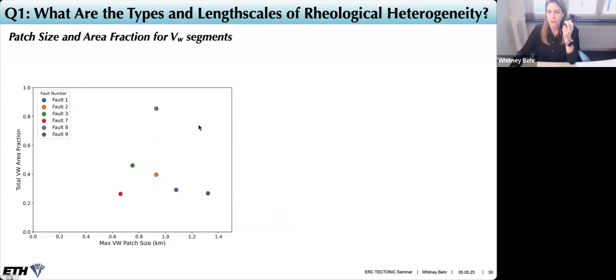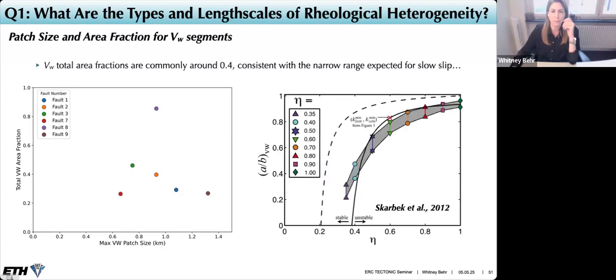Similarly, if we look at just velocity weakening segments, we find that they generally fall at a fraction of each fault of about 0.4, meaning only about 40% of each of these structures has velocity weakening material along it. I thought this was interesting because there was some work that Rob Scarbeck had done trying to analyze the relevance of frictional heterogeneity in contributing to slow slip.